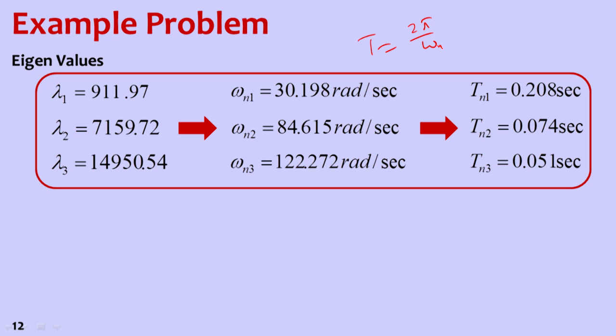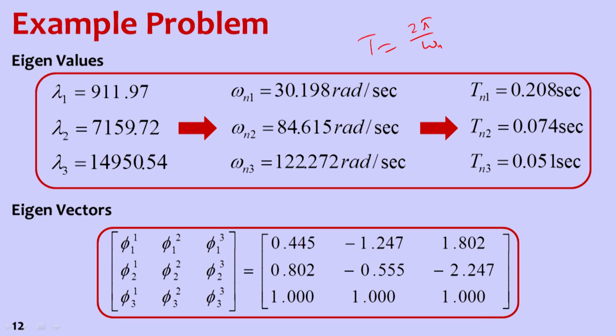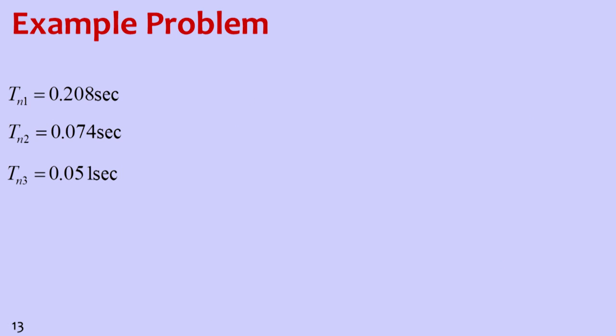The eigenvectors are known to us, as we have already calculated them in the previous class. So we get natural periods of 0.2 seconds, 0.07 seconds and 0.051 seconds.